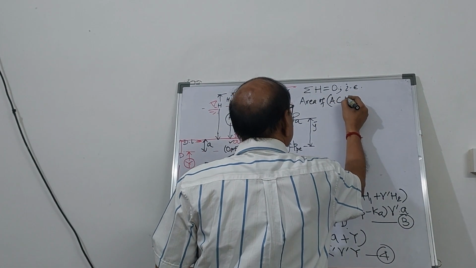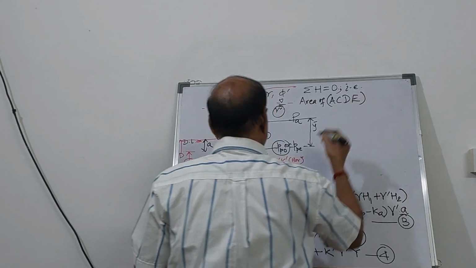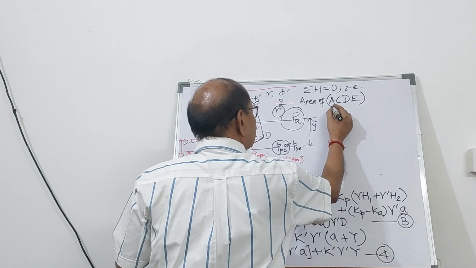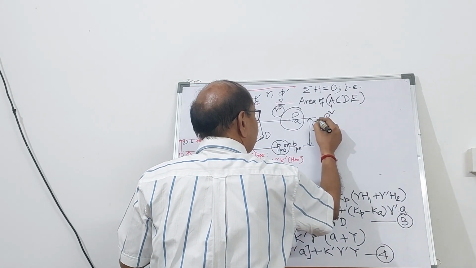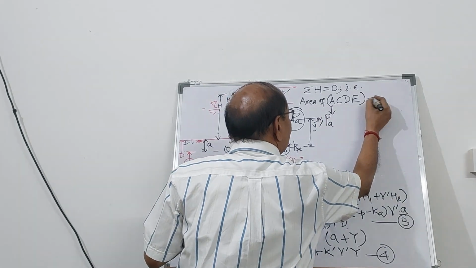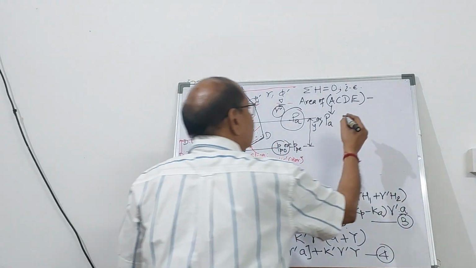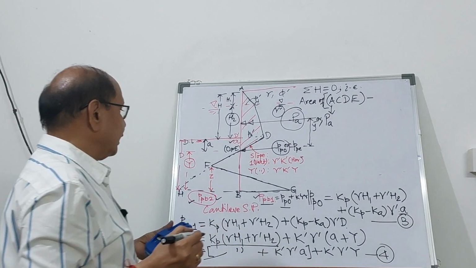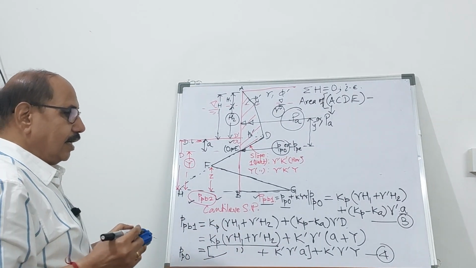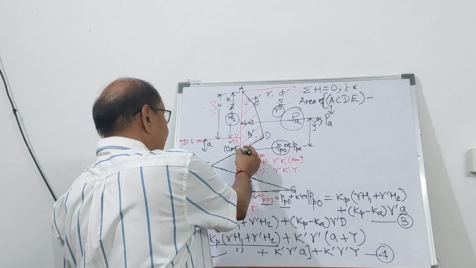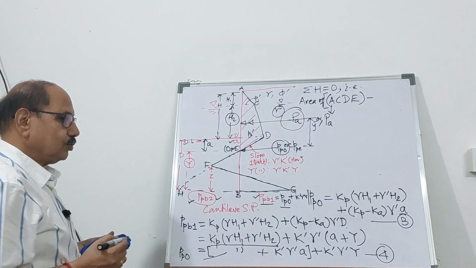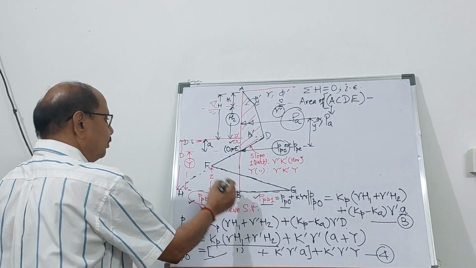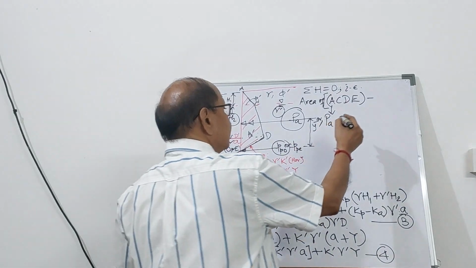So area of ACDE, which is this force PA, minus the area of ACD, minus another area, which is EFHB. This area you deduct completely.